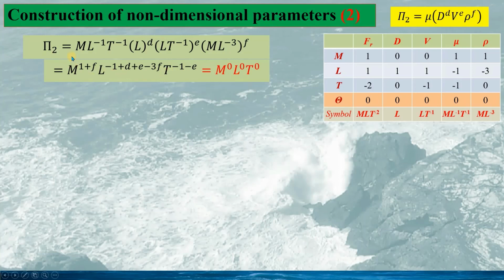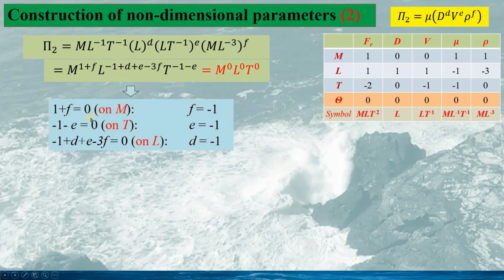Again, since pi 2 is a non-dimensional parameter, the indices of m, L, and t are all 0. Thus, it would make the equation 1 plus f equaling 0 on m. So we have f equaling minus 1. And on t, we have minus 1 minus e equaling 0. So e would be minus 1.